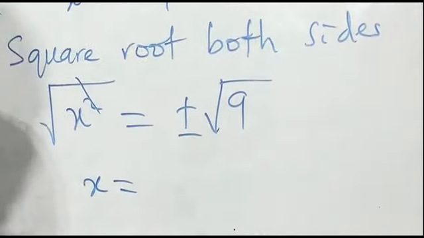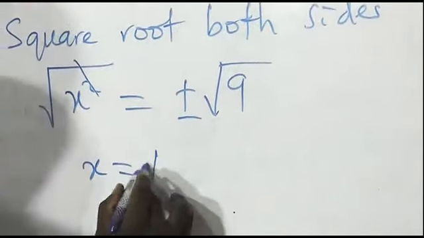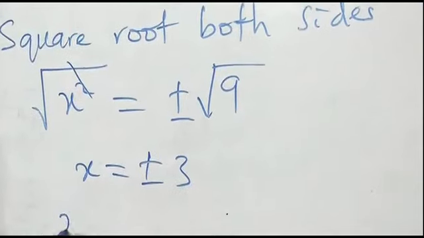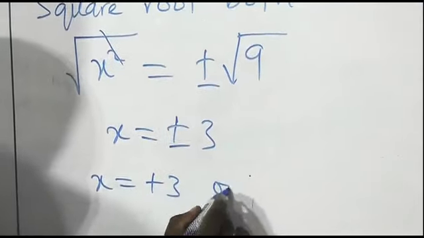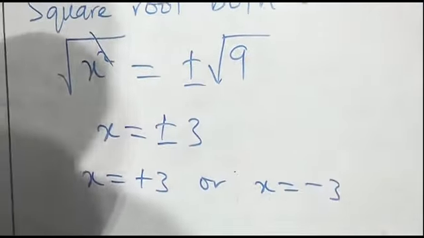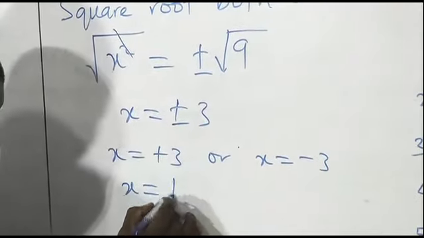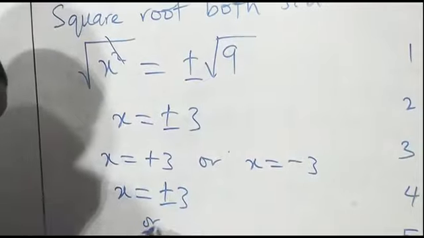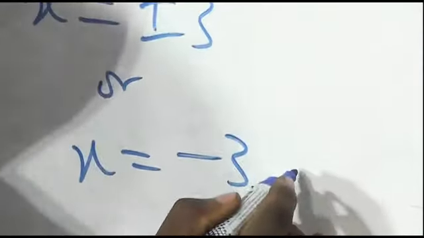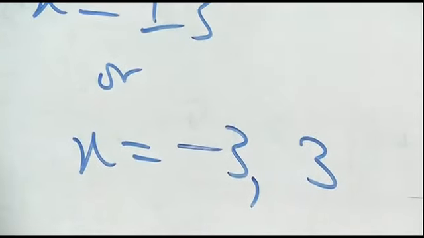The square root of 9 is 3. So you have plus or minus 3. That means that x is equals to plus 3, or x is equals to minus 3. And the final answer, you can write it as this, or you write it as x equals to plus 3, minus 3, comma 3 like this.